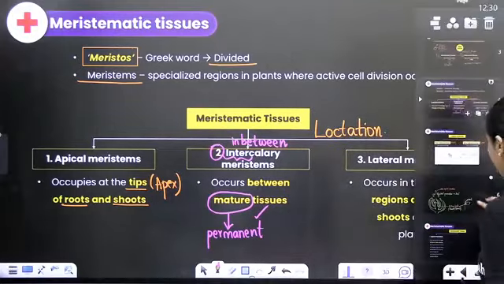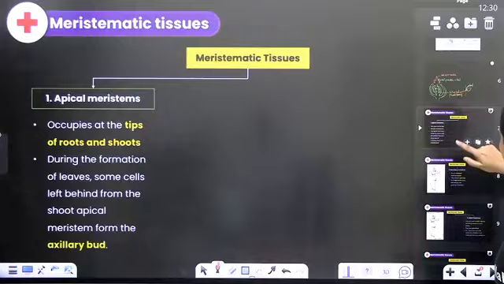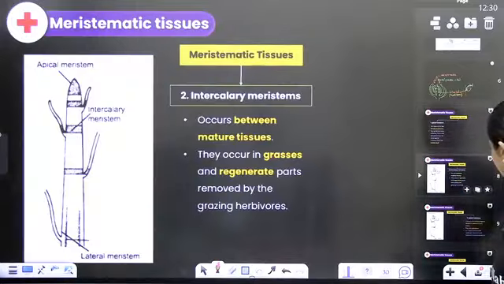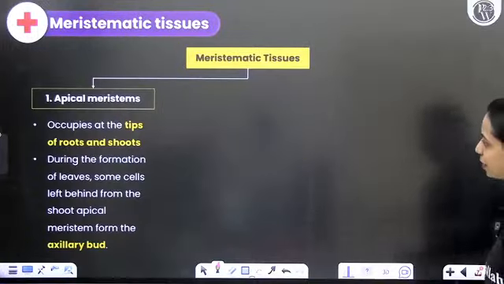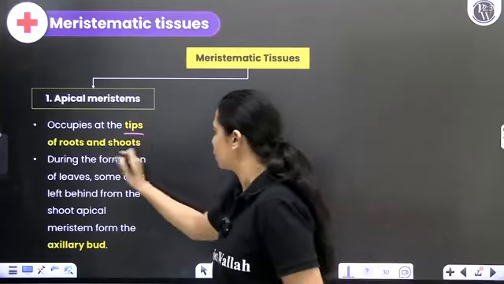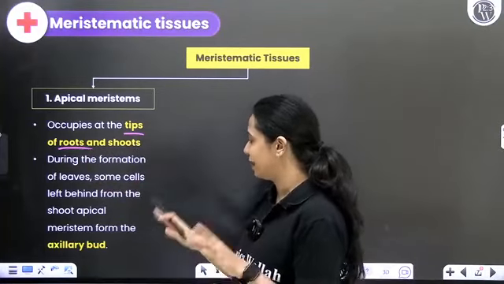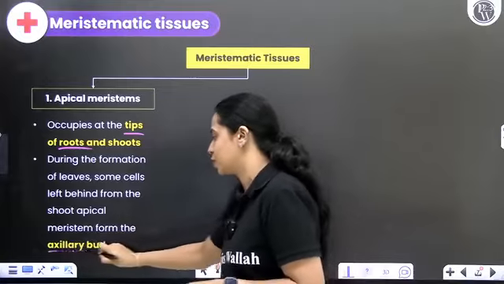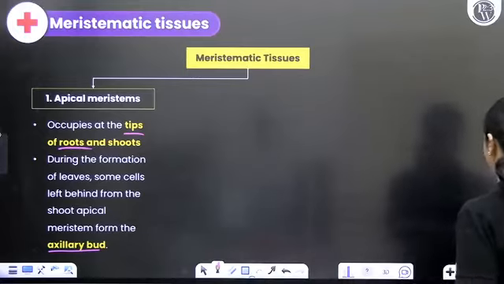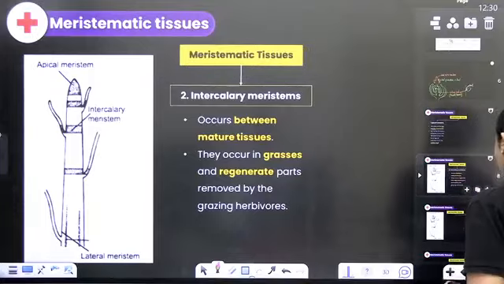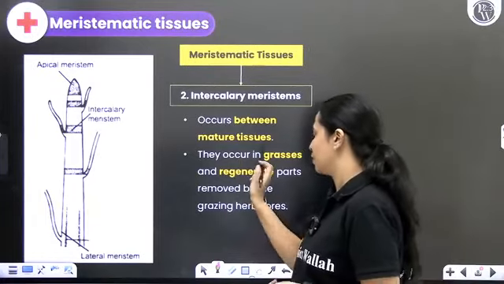So, let's take a look at intercalary meristem. Okay, so this is apical meristem, which occupies the root and the shoot tip. During the formation of leaves, some cells will be left behind from the shoot apical meristem. That is what forms the axillary bud. I've already told you that. Intercalary meristem occurs between mature tissues.